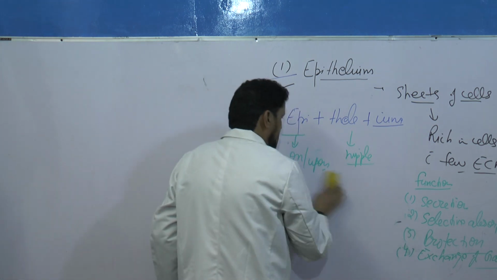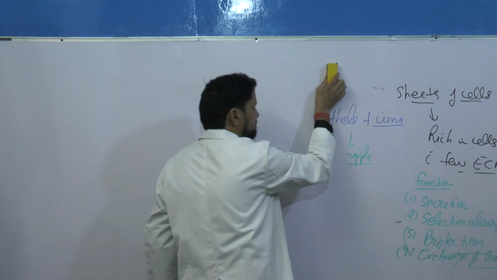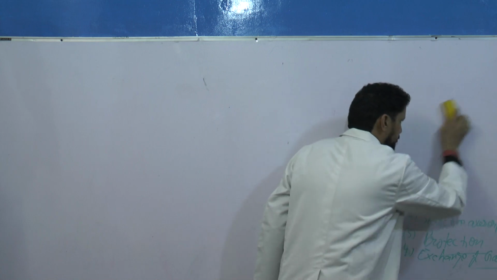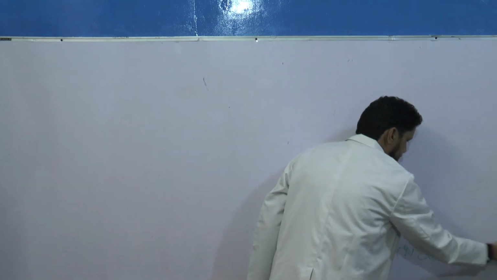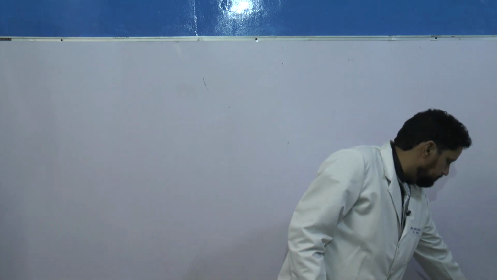These criteria are the 2D dimension of the cell, and the number of layers of the cells.